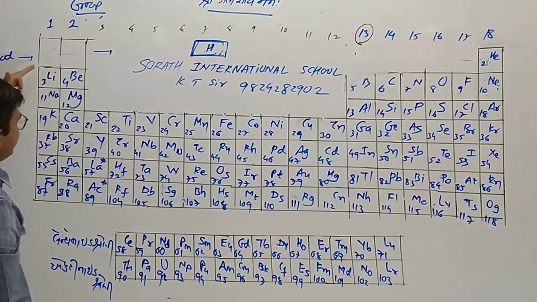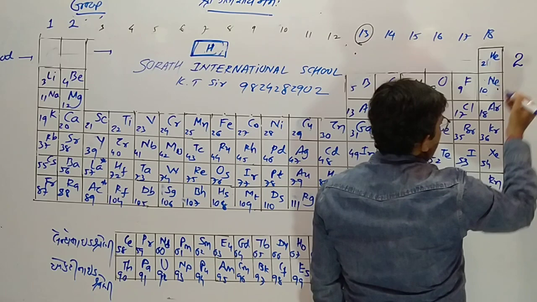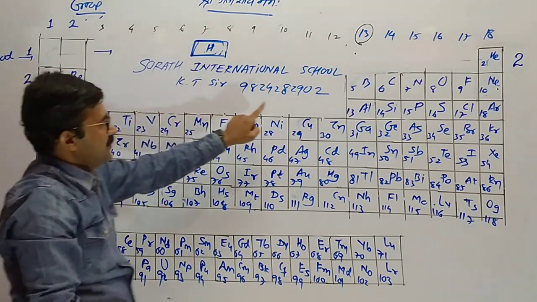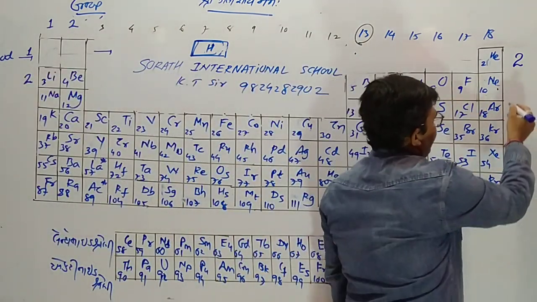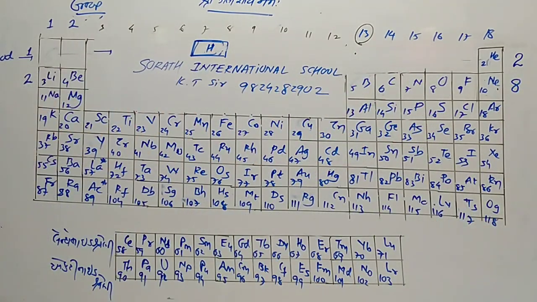In the first period there are 2 elements. In the second period there are 8 elements.